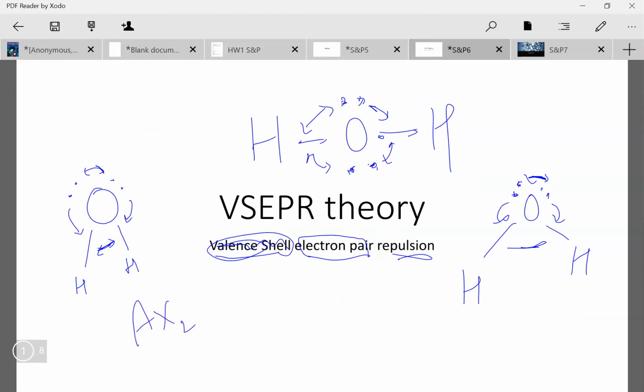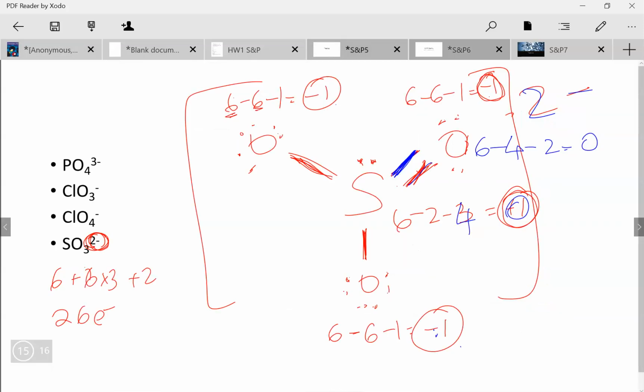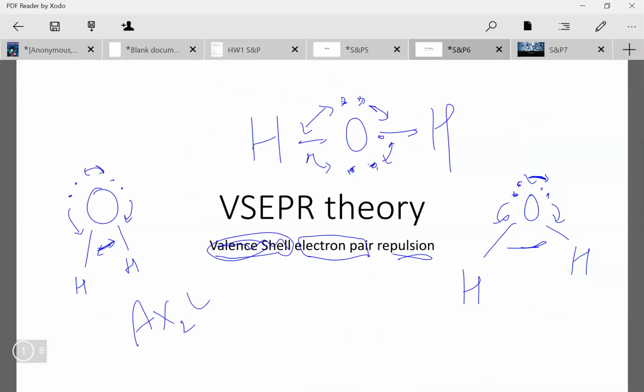And then E corresponds to the number of lone pairs around the central atom. I'm not bothered about lone pairs around surrounding atoms, just the central atom. So in water there will be two lone pairs on the central atom, so we write VSEPR notation for water as AX2E2.